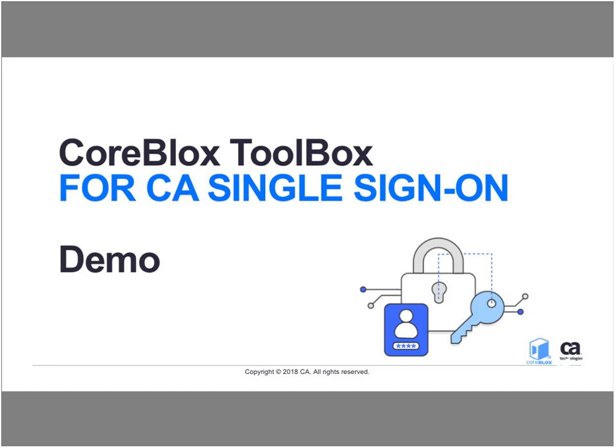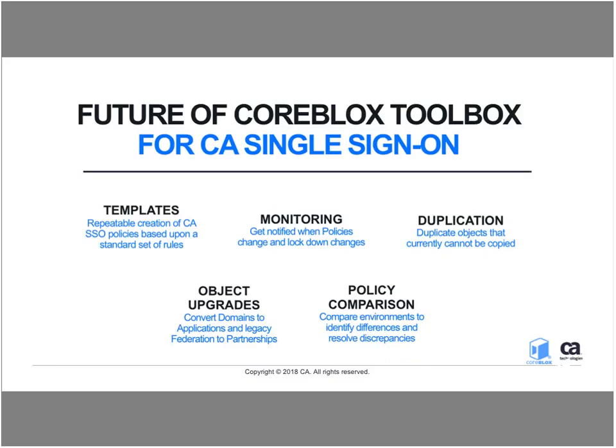Great. So just quickly, one last thing, just to give you a sense of the future. Some of the pieces that we're adding, things like templates, to let you create those repeatable processes, and actually create forms for business users to come in and request applications. Monitoring, which is not just availability, but also being notified when policies change and even lockdown changes in an environment.